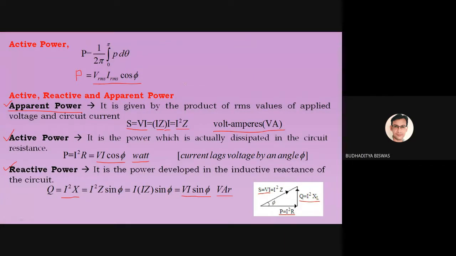They actually generate the apparent power. If somebody asks you whether the power plant generates the active power, the answer is no. The power plant generates the apparent power, which is the summation of active power plus reactive power. Active power is used by the load, the consumer, and reactive power is used by the inductance and capacitance of the circuit.